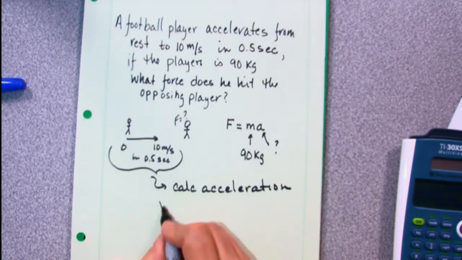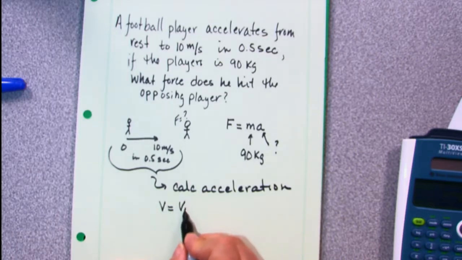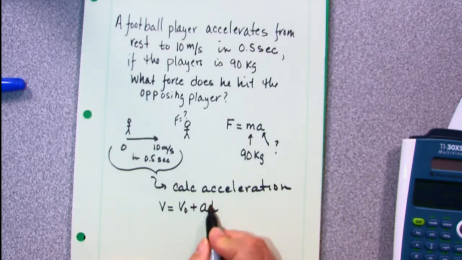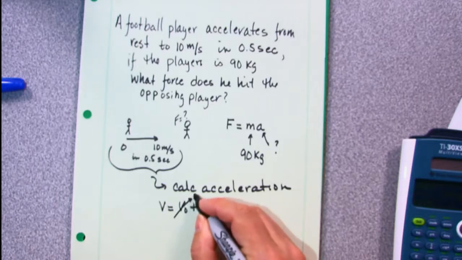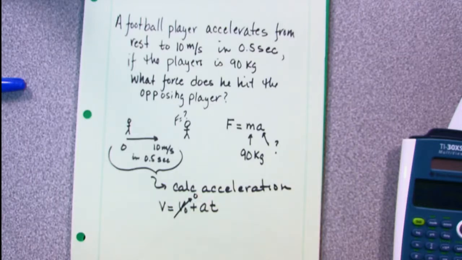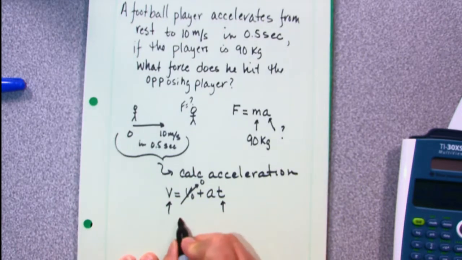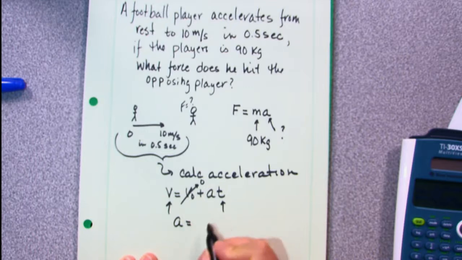So remember, we got V is equal to V initial plus AT is one of our kinematic equations. We start out at rest, so that's 0. I've got velocity and I've got time. So I can rearrange this to solve for acceleration. So acceleration is going to be velocity divided by time.